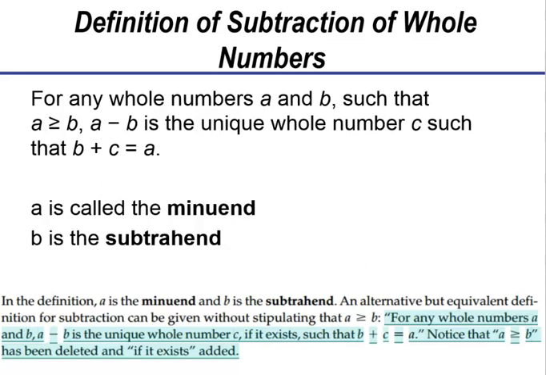It's for any whole numbers A and B, A minus B is the unique whole number C, if it exists, such that B plus C is equal to A. And again, it points out that A is greater than or equal to B has been deleted, and if it exists works instead. Now again, back to why does A have to be bigger than B? Well, if you subtract and A were less than B, notice you would not get a whole number as an answer. And so that's why A has to be larger than B.